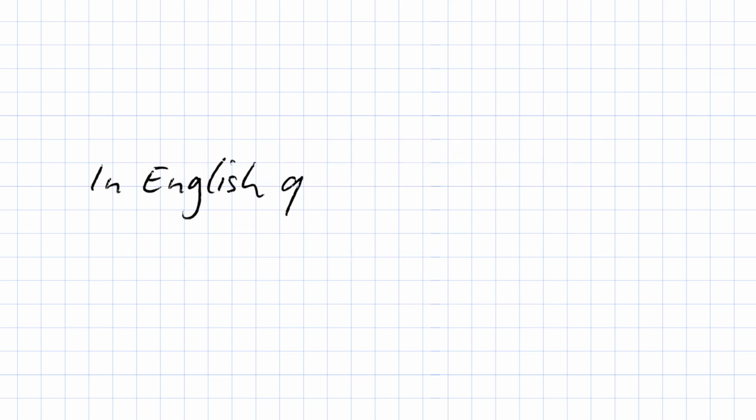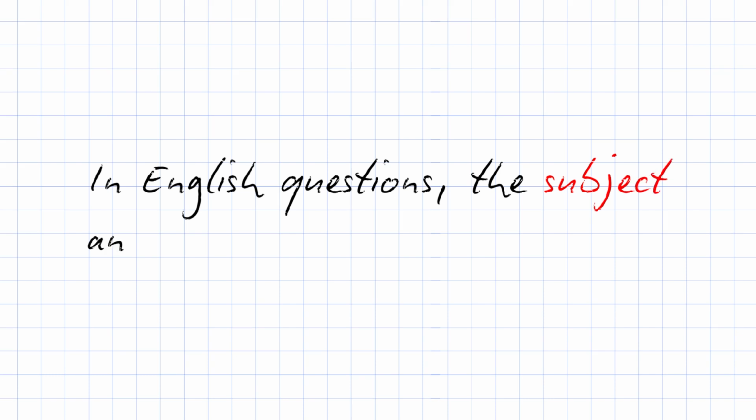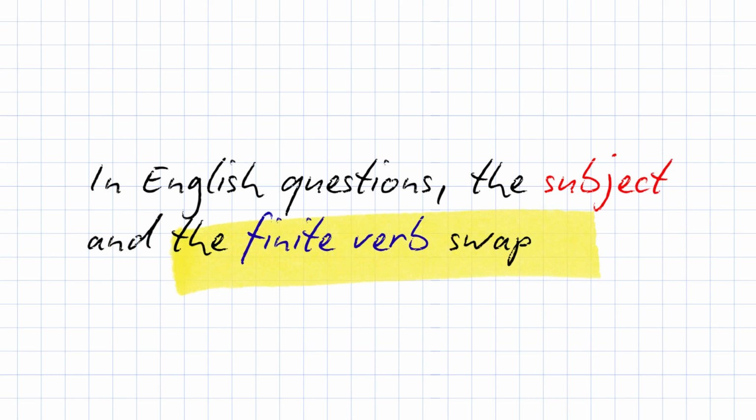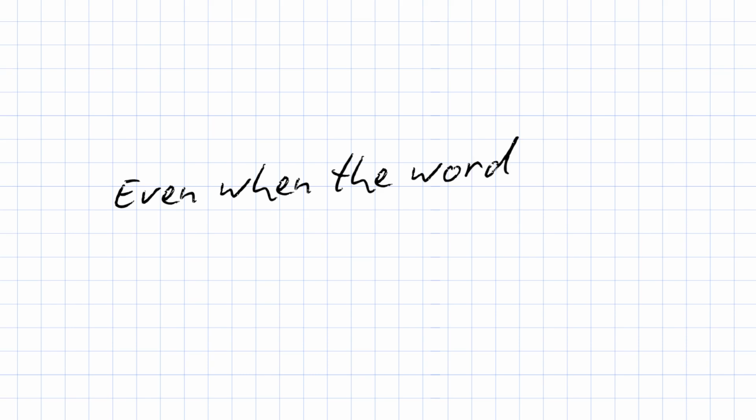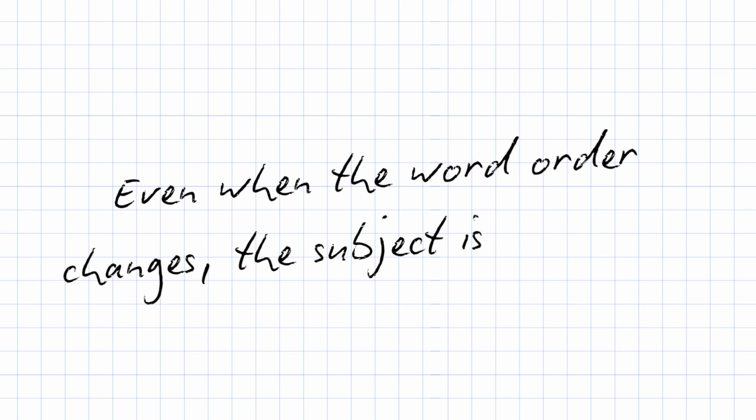In English questions, the subject and the finite verb swap places. So "the cat is asleep" becomes, "is the cat asleep?" Even when the word order changes, though, the subject is still there.